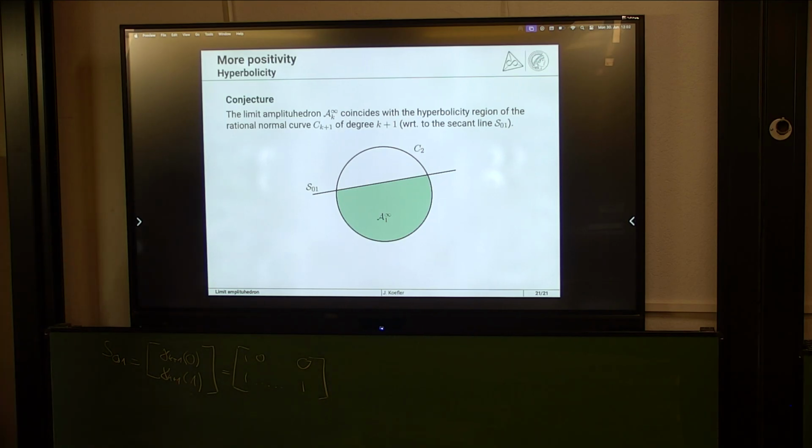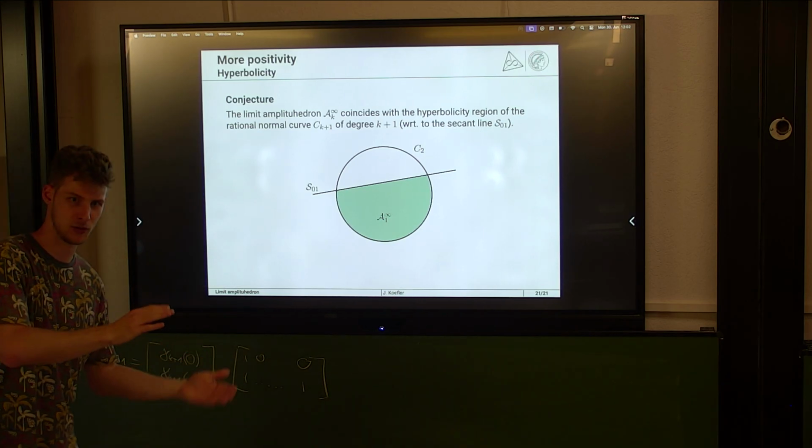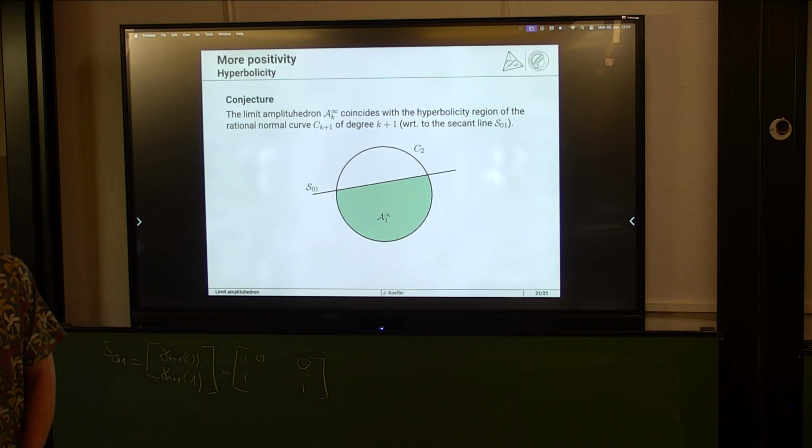Okay. And you can talk about this more. Yeah, I would be very happy. And I'm still somewhat optimistic about m equals 4 because we didn't need any other input than the codimension 1 boundary. So maybe this still works for m equals 4, even though the other ones don't.